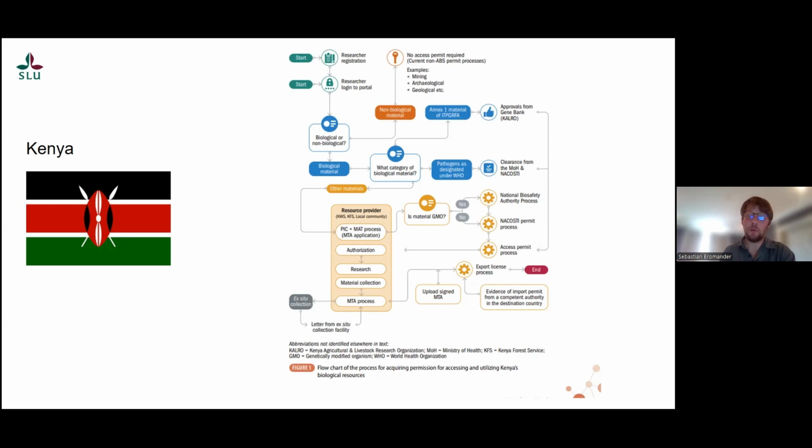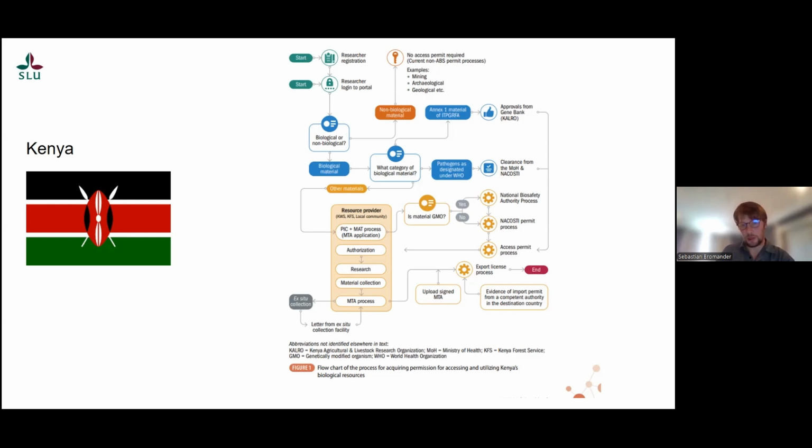And almost always when there is access legislation, you must set up some kind of contract. Normally that is an MTA, material transfer agreement. You can even see that they refer to it here as a PIC and MAT process. PIC stands for prior informed consent, and MAT is mutually agreed terms.